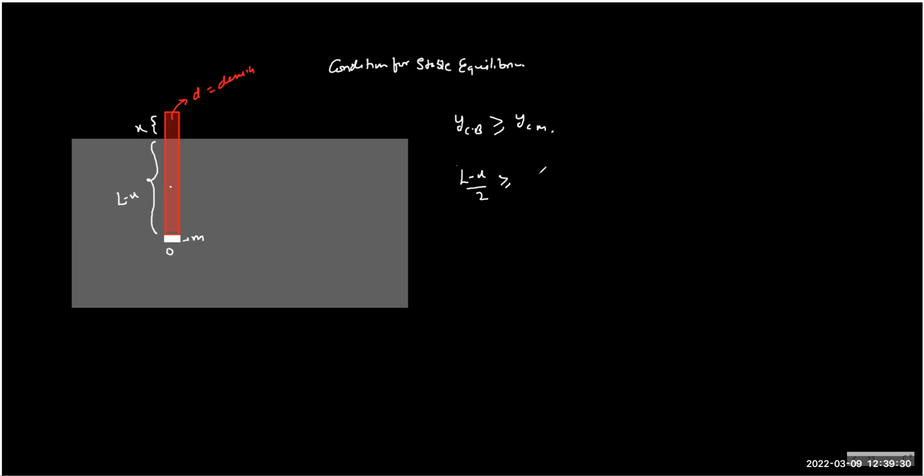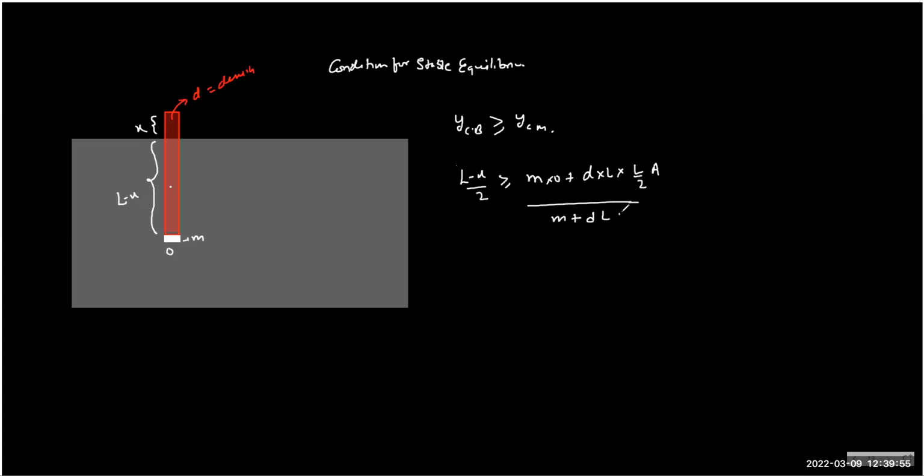How to find the center of mass? It's m1 y1 plus m2 y2 upon the total mass. So M into 0 plus D L into L by 2, upon the total mass, which is M plus D L, density into cross-sectional area also.